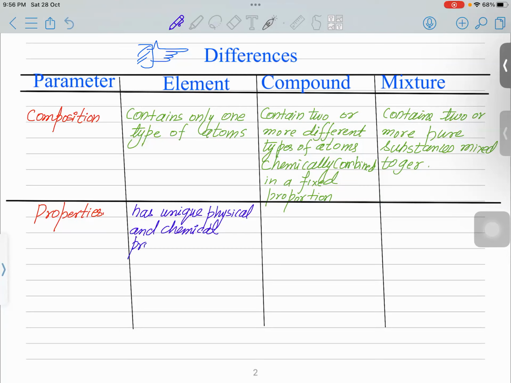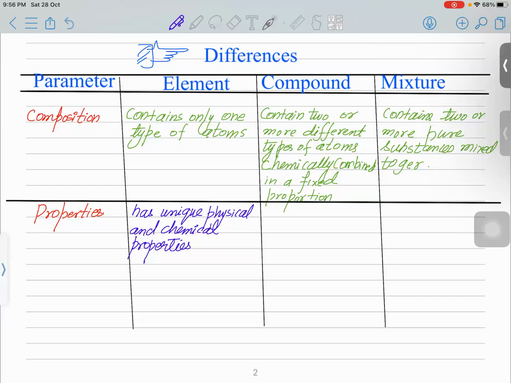Sir, for the properties, for example for compound, could you say it is chemically bonded? In compound we have a chemical bond, right? So compound has properties that are different from its constituent elements.